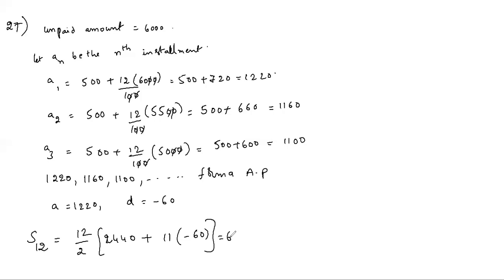So it is equal to 6 into (2440 minus 660), which is 6 into 1780, 10,680.